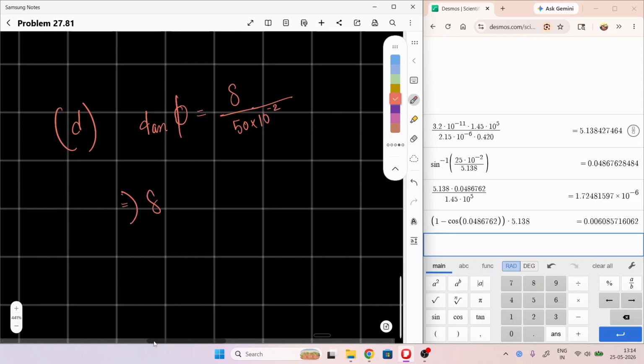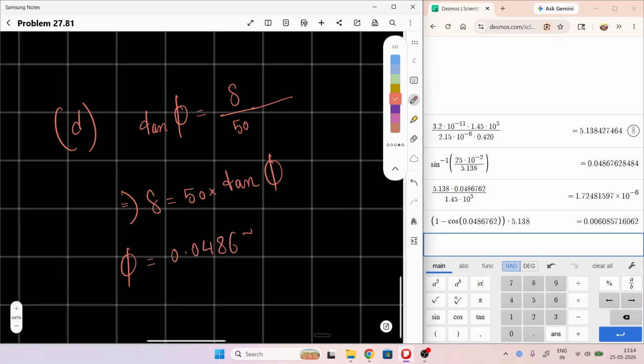So let's take del in centimeters, so the calculation would be a bit easy. Del is equal to 50 into tan phi. Here phi is equal to 0.0486762 radian.